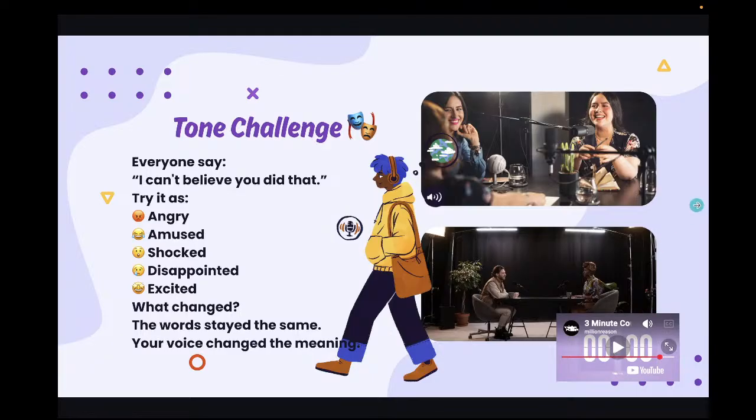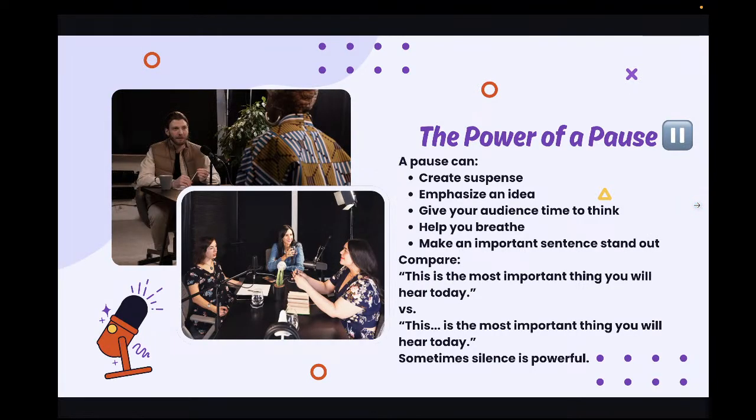Okay, great job with that. Let's keep moving on. Now we're going to talk about the power of a pause. A pause can create suspense, emphasize an idea, give your audience time to think, help you breathe, and make an important sentence stand out. Compare: this is the most important thing you will hear today, whereas this... is the most important thing you will hear today.